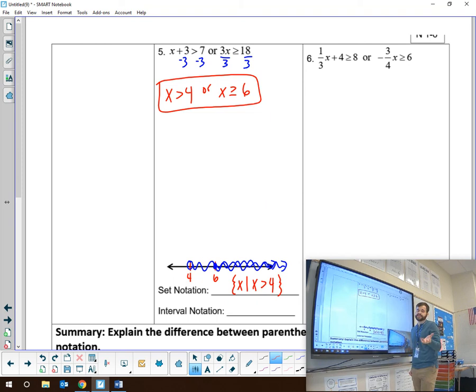So it actually makes it simpler. And for interval notation, the only thing that I need to write is parentheses 4 to infinity. All right? Because infinity encompasses all of 6 to infinity as well. And so it actually makes it a little bit easier.